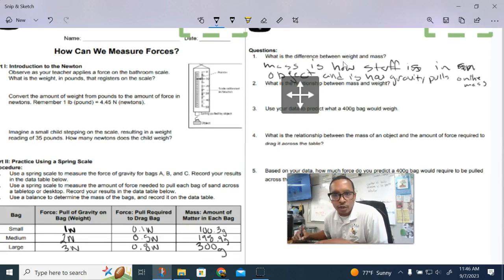All right, cool. What is the relationship between weight and mass? So if we look at this relationship, it looks like as weight goes from 1 newtons to 2 newtons to 3 newtons, mass is going 100, 200, 300.